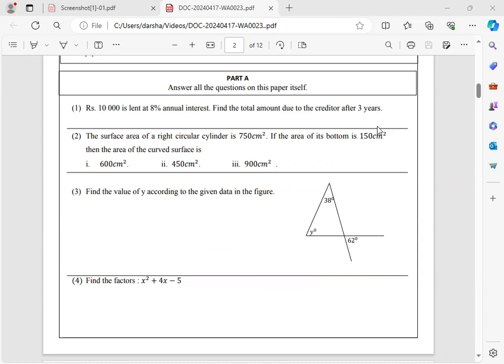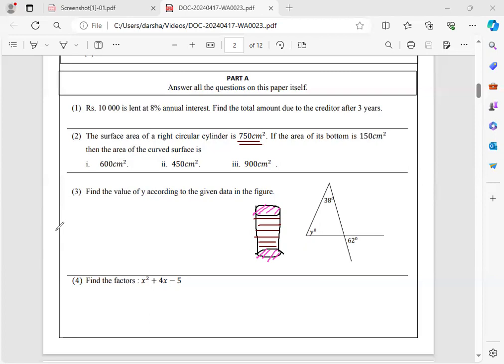Normally, if you take a cylinder, this is the curved surface area. There are two circular surfaces and one curved surface. This is a circular surface, and this is the other circular surface. I'm going to color the curved surface. Let's say the area of this one is A1, and both are similar, so this is also A1. The curved surface area, let's say, is A2. These three total, they have given as 750 centimeters square. The surface area of a right circular cylinder is 750.